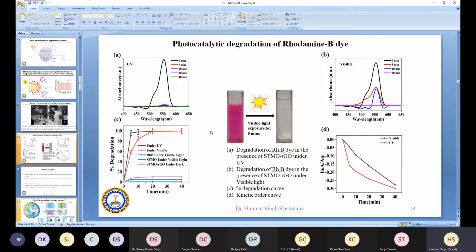And when we irradiated it with UV light and visible light, complete degradation is achieved within 20 minutes. This curve D shows the kinetic order curve for the photocatalytic degradation of rhodamine B under visible light and UV light irradiation.